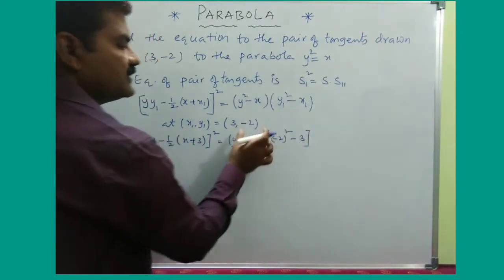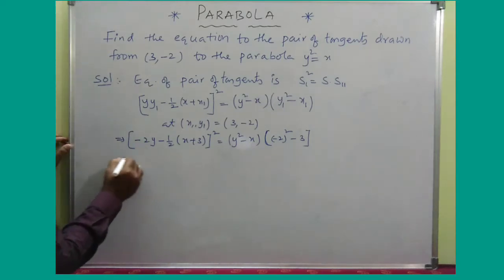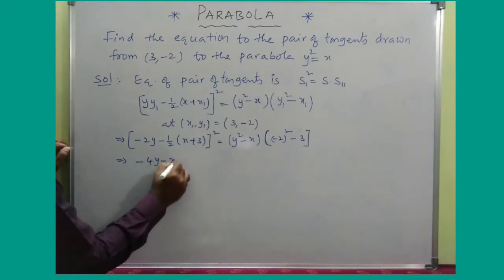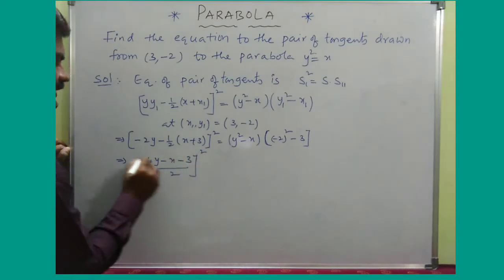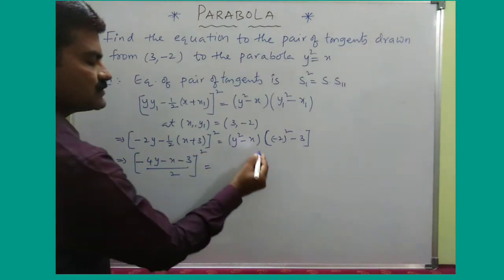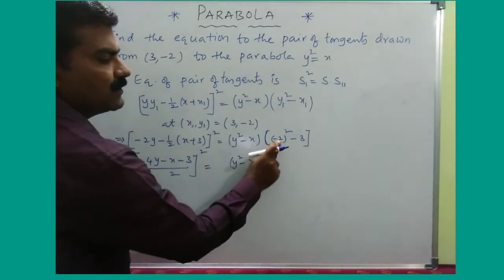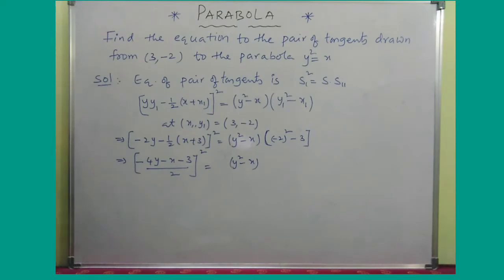Just substitute in the place of x1, y1. Okay, so please go for the LCM. This is (-4y minus x minus 3) whole divided by 2, whole square, which is equal to (y square minus x) into (4 minus 3), anyhow into 1, so no need of writing.